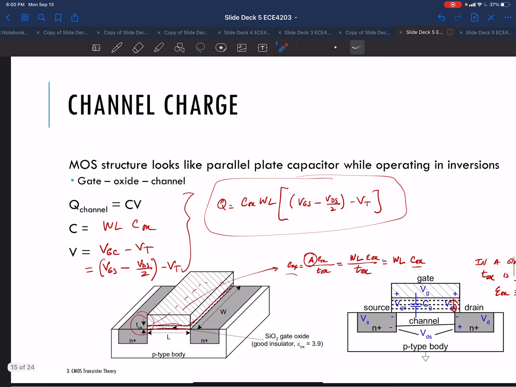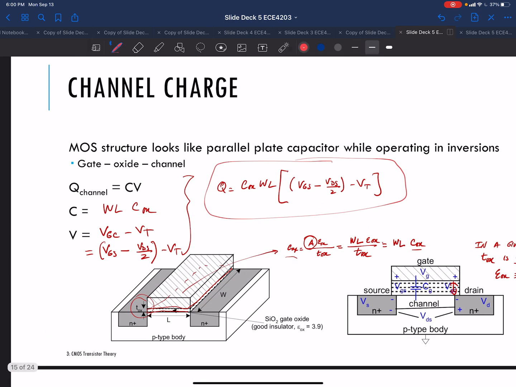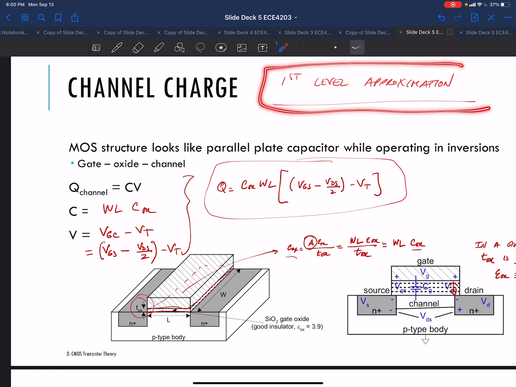But what we're saying here is really a first level approximation. This model of how much charge there is under the channel and how fast it's moving has many levels of more complexity.